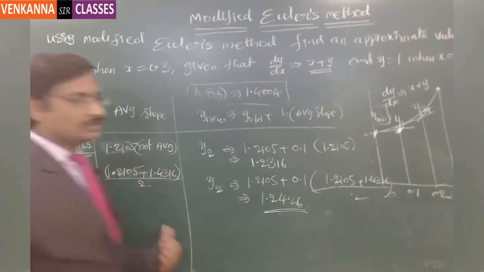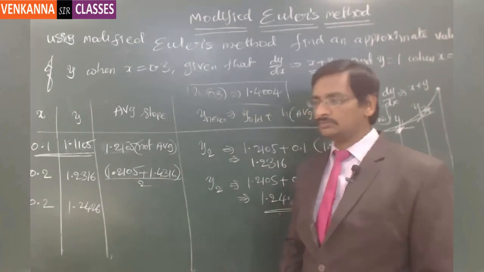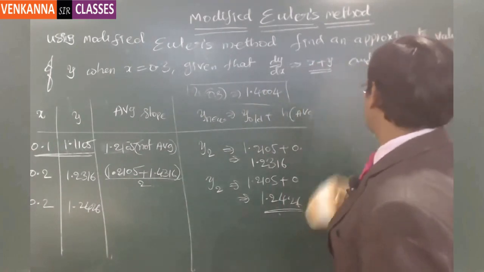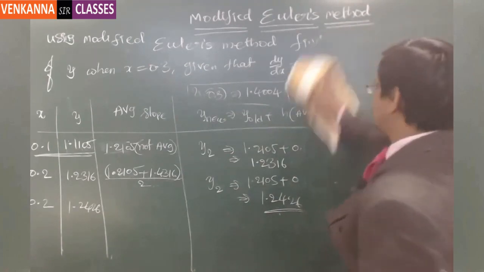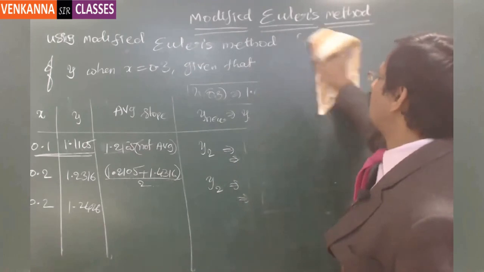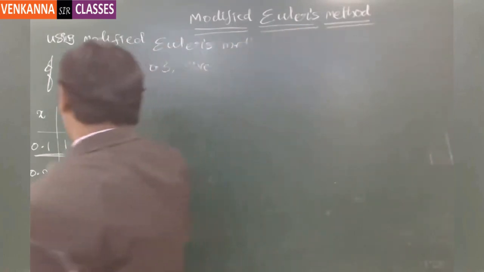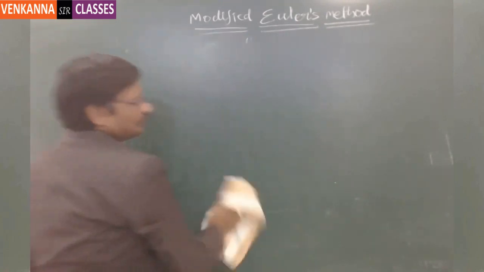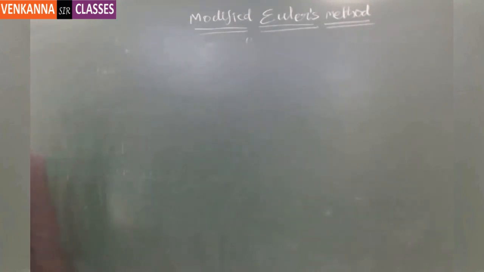So any questions on this Euler's modified method? The methods we have discussed belong to a series, or order, of methods for solving ordinary differential equations. There is first order, second order, third order and fourth order.